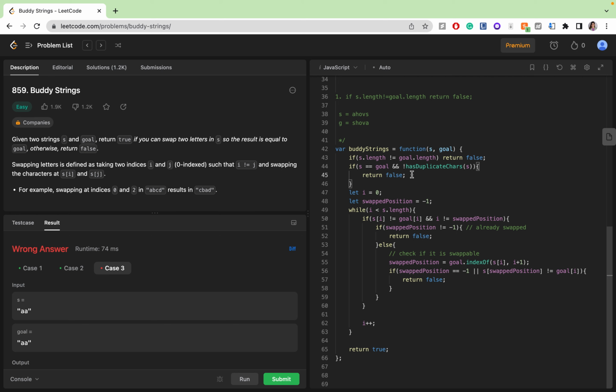If s is equal to goal and they are both equal and it does not have any duplicate characters, then return false.